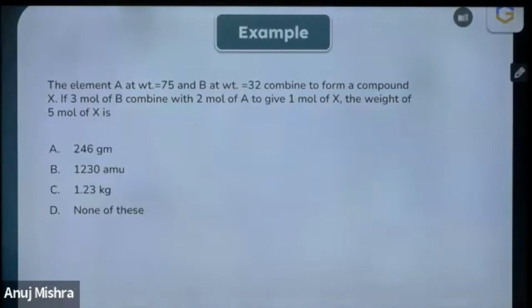Check carefully. What is the question? Which one?